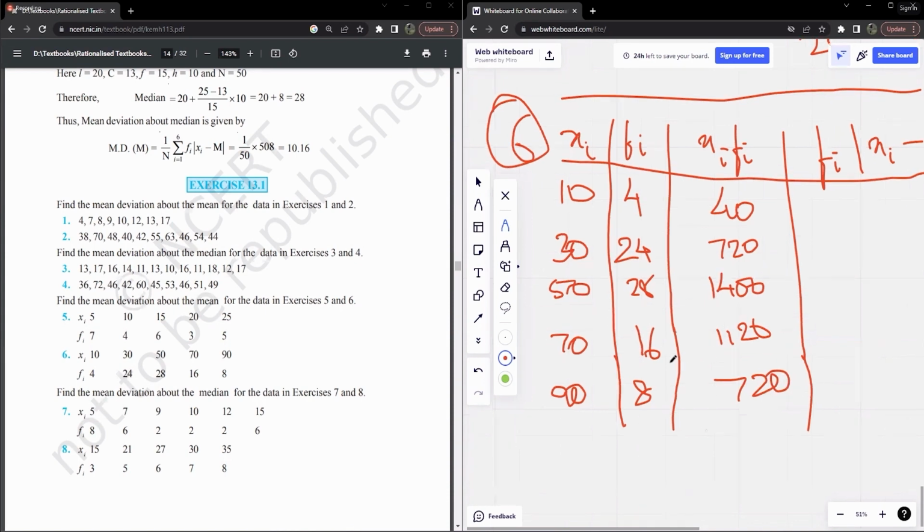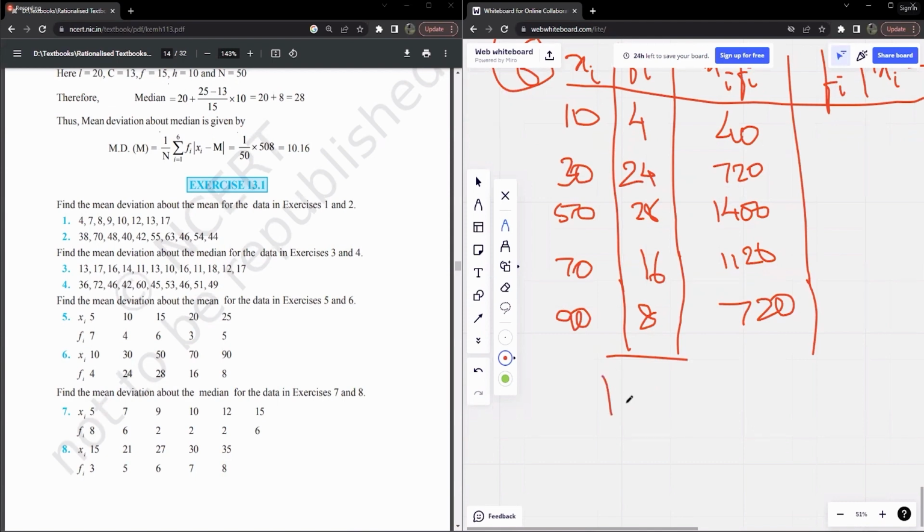Cool. So the sum of fi is going to give me capital N. That is, if I'm not wrong, 4 plus 24 is 28. 28 plus 28 is 56. 56 plus 16, and this is the 24. That is going to give me an 80. Right. And this is sigma xi fi. This is going to be equal to 720 twice, that's 1440.